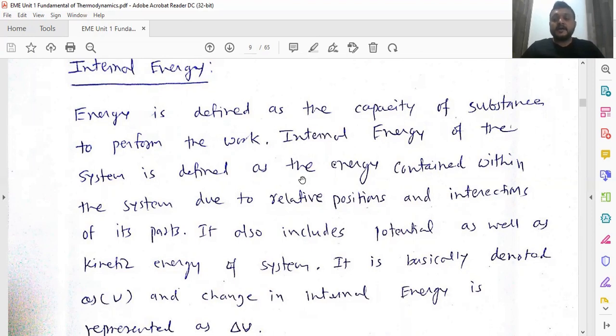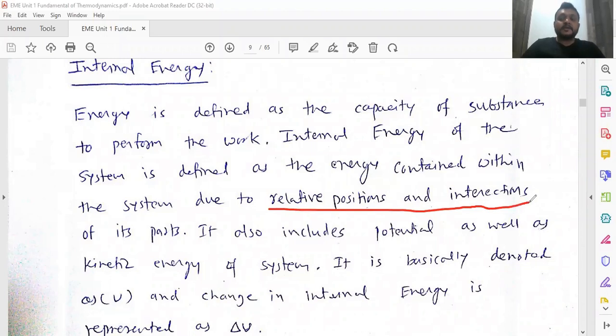We do not have to apply external energy in any form to the system. We use the energy contained within the system itself. And how is that possible? We already studied in physics at school level: due to relative position or interatomic movement.